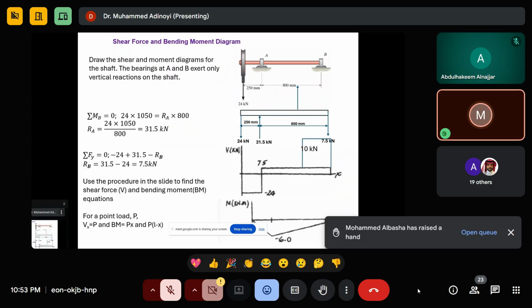The knowledge question, will it be multiple choice? It could be multiple choice, it could be fill in the gap, it could be providing missing information. Okay, thank you.